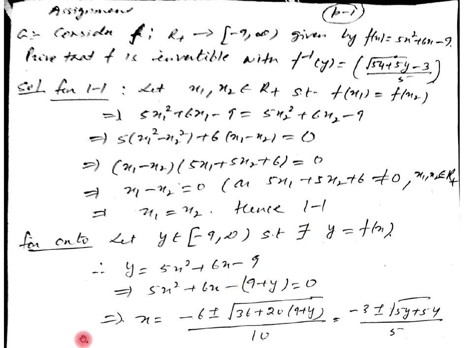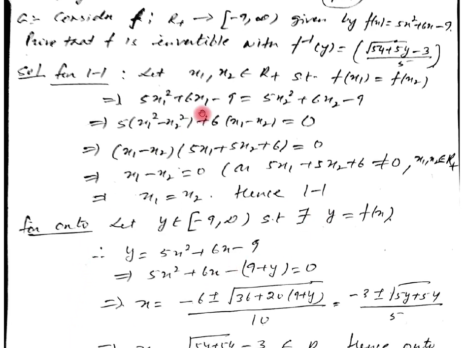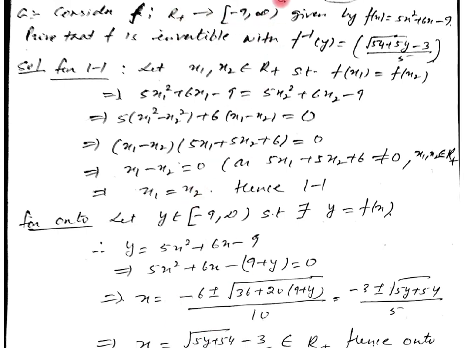Let us go for the function being onto. It means we consider any arbitrary element from the codomain and we should prove that for that value of y there is at least one element in the domain whose image is equal to that arbitrary element. So let y belong to its codomain minus 9 to infinity such that y equal to f(x).